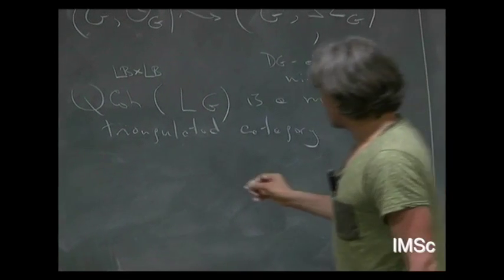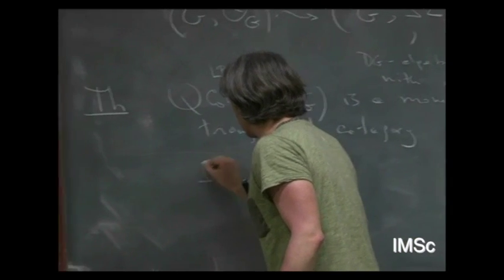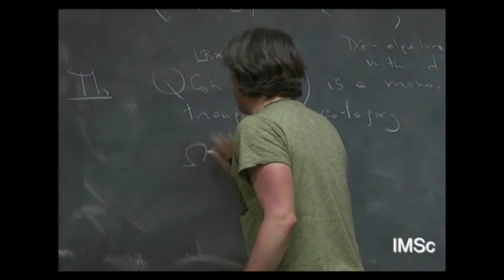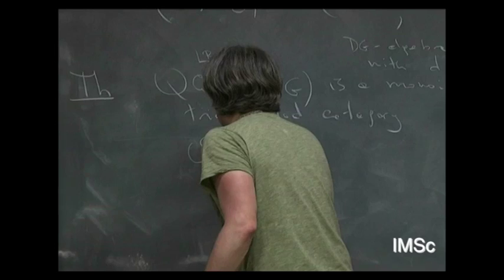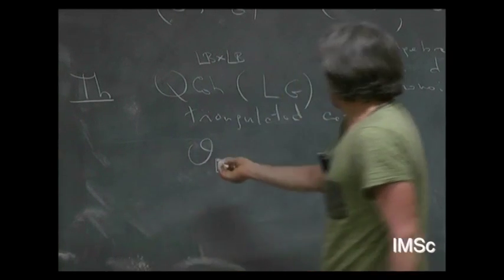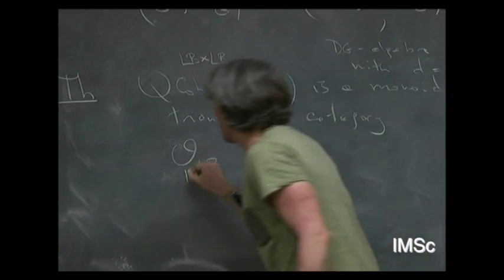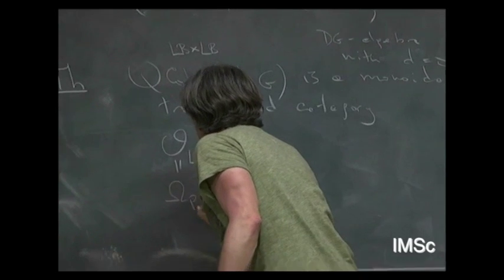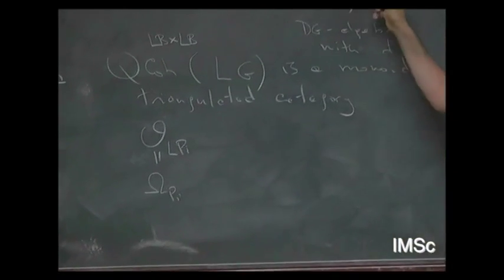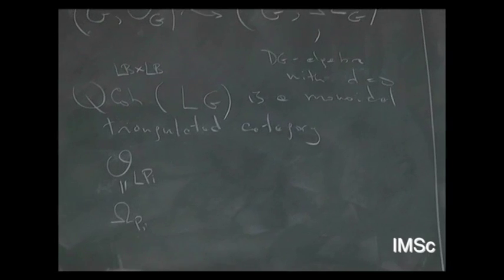Now let's do the following. Let's repeat the story. Take OLPI. Well, it's just a fancy notation for omega pi as a module over omega g. Right?